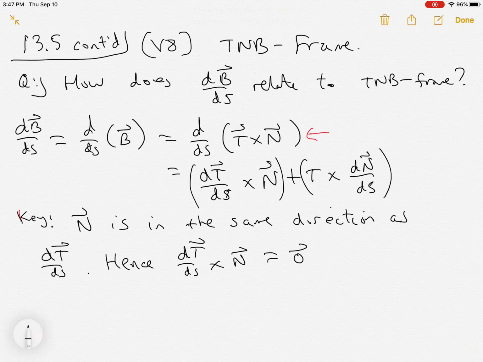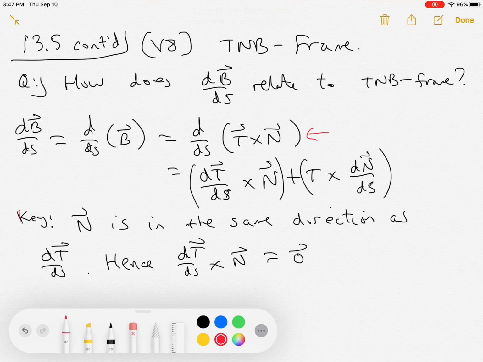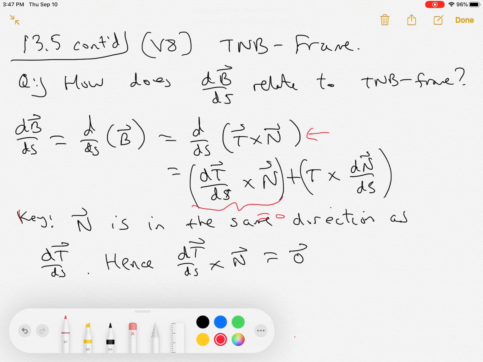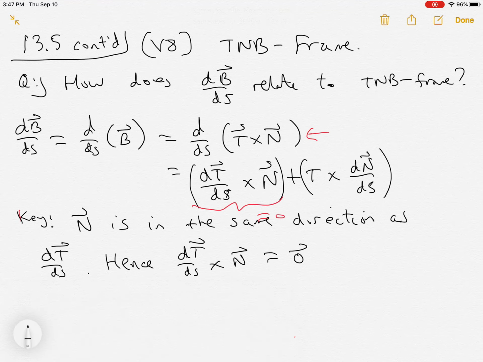Okay. So this guy equals 0. So now the derivative with respect to S of B is just this. So we have dB/ds equals T cross dN/ds.